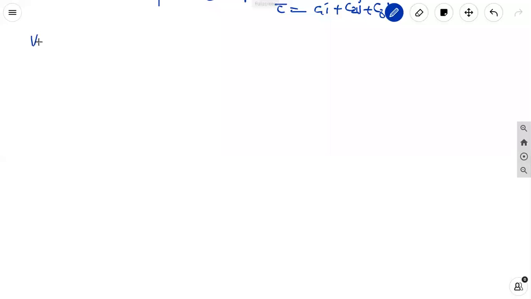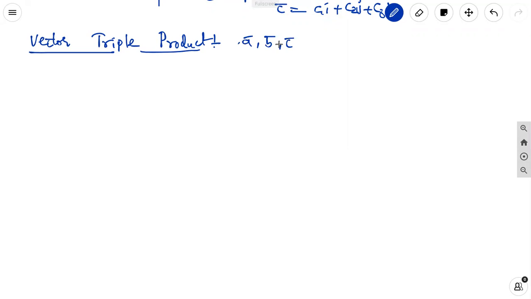The next definition is the vector triple product. Vector triple product means we take the three vectors A vector, B vector, C vector, and after taking the product among the three vectors, we again get a vector.